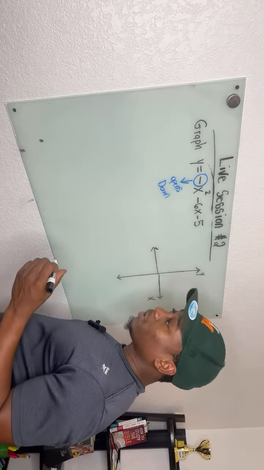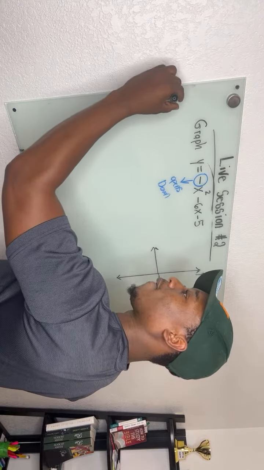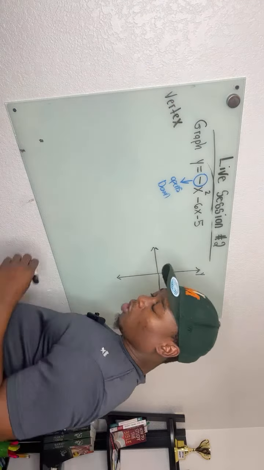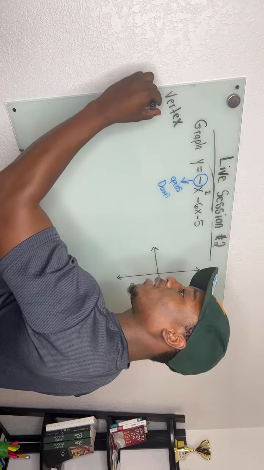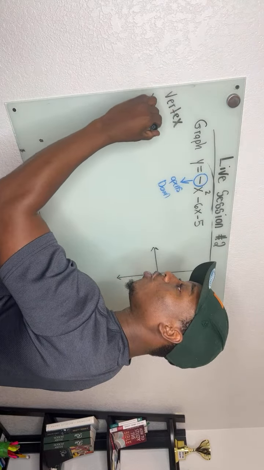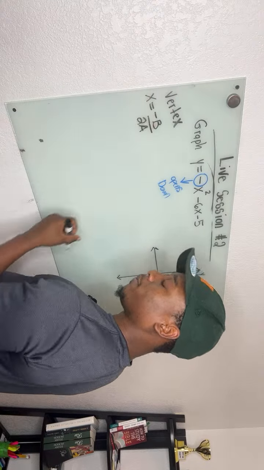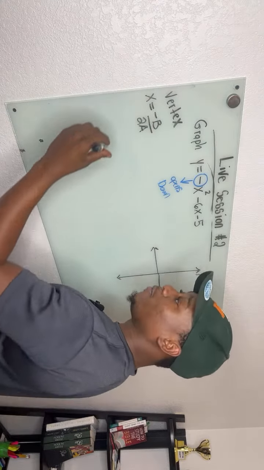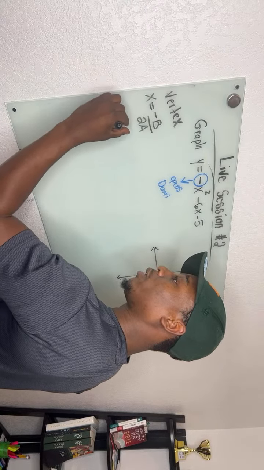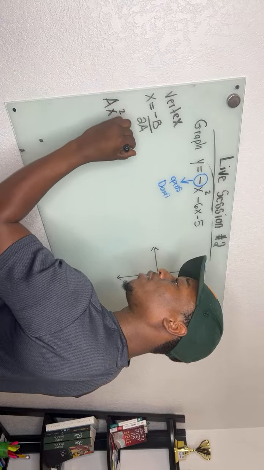Two, for us to find a vertex, meaning where the graph is cut in half, we're going to use the formula x is equal to negative b over 2a. And for us to know what a, b, and c are, let's write the formula: ax squared plus bx plus c.